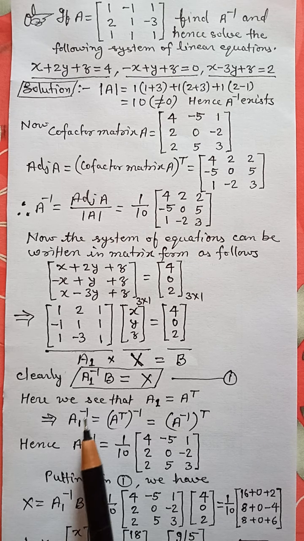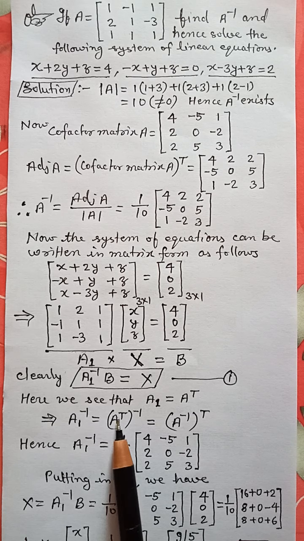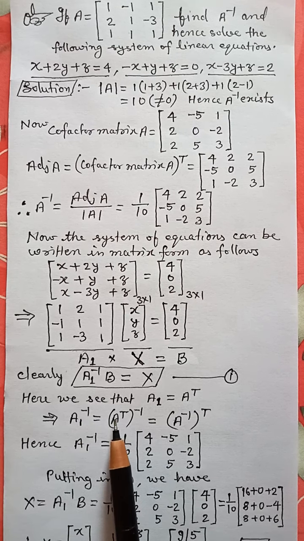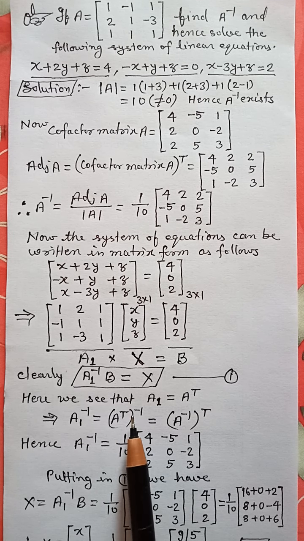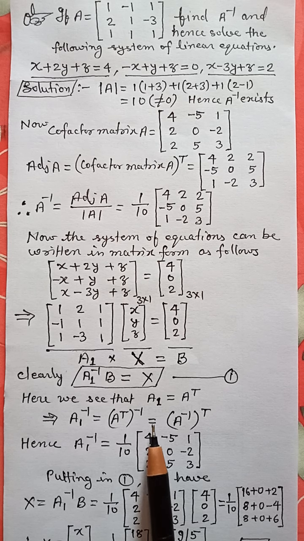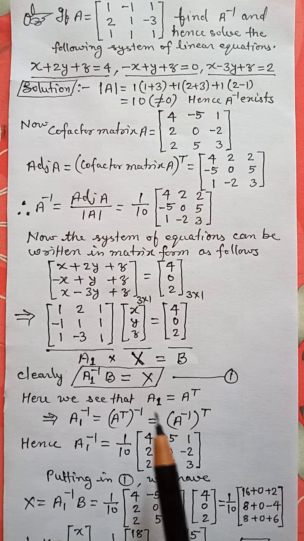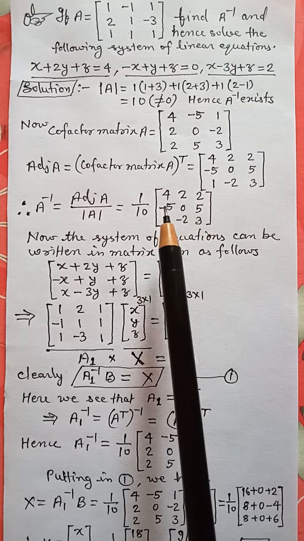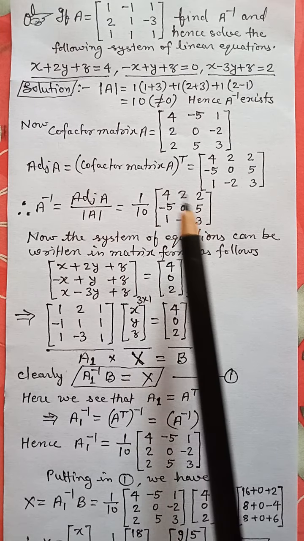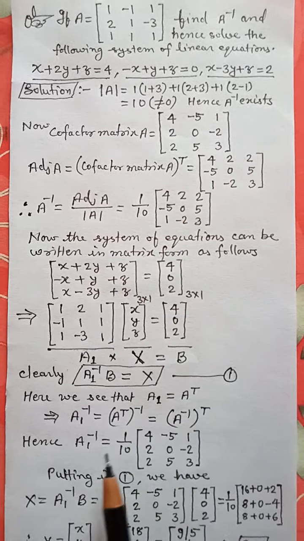Now what is A1 inverse? A1 inverse is A transpose inverse, and this is nothing but A inverse transpose. That means, now what is A inverse? A inverse is this. Let us take its transpose. 1 by 10.